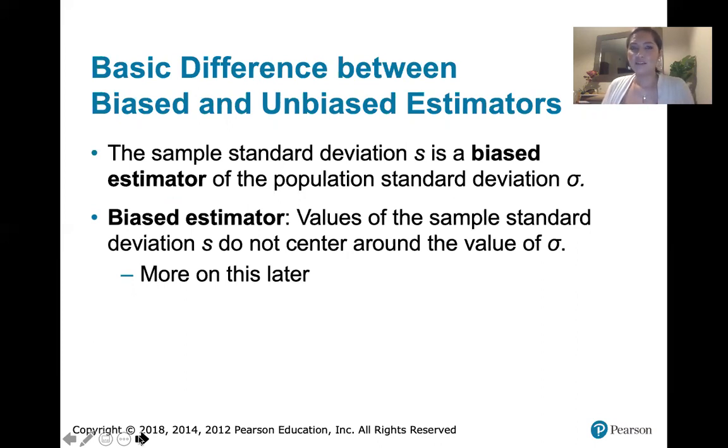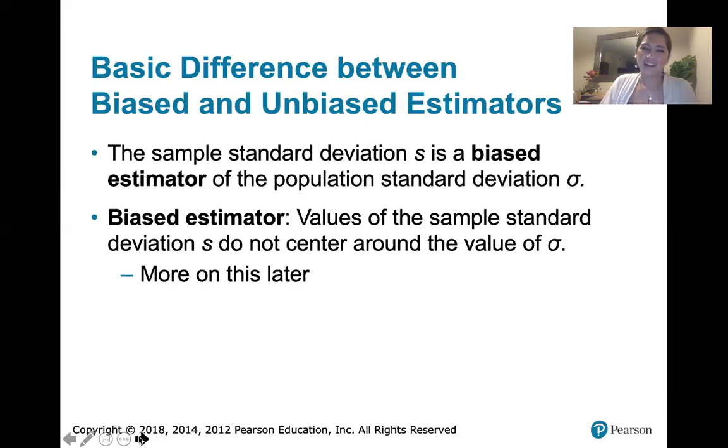Our hope is that if this is a good estimator of the population standard deviation, that the mean of those, if I took all those sample standard deviations and I looked at them, let's say on average, I hope that they look like the population standard deviation, but they don't.